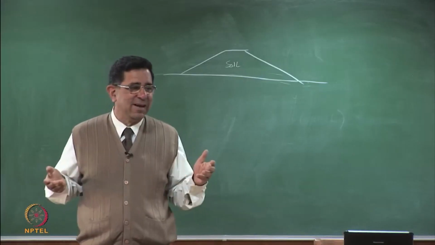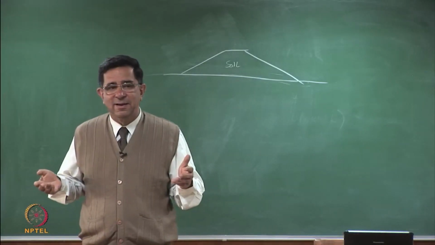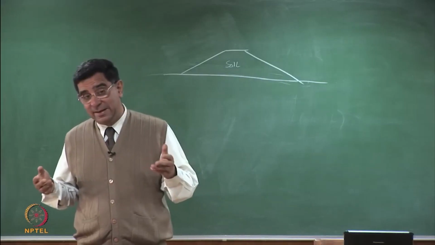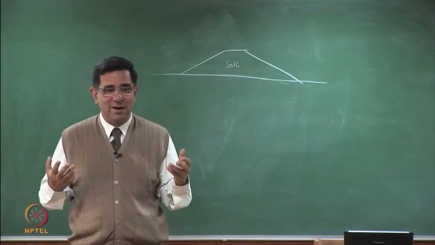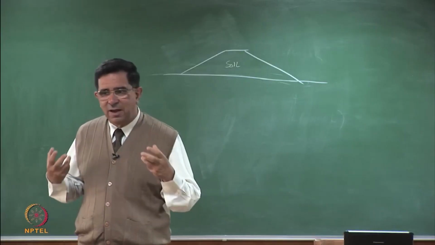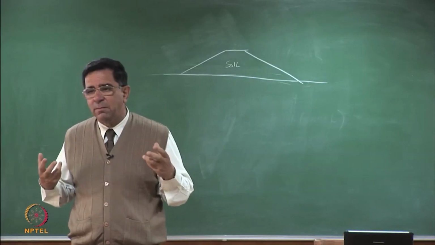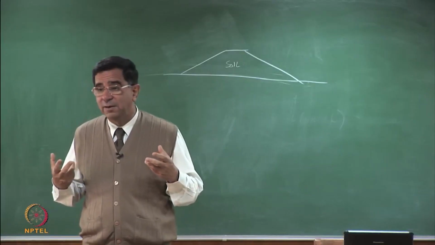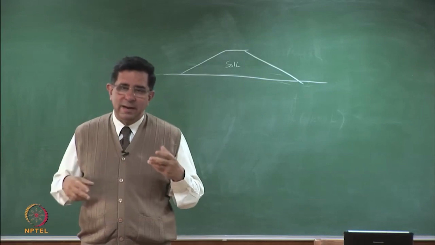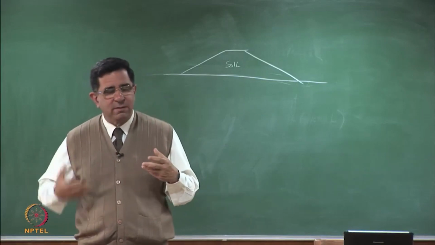So what do you expect C dash to be in waste? Well, I would expect it to be 0, but it is not. Sometimes it is 0, sometimes it is not. So what will cause C dash to occur? Yeah, apparent cohesion is a good word.